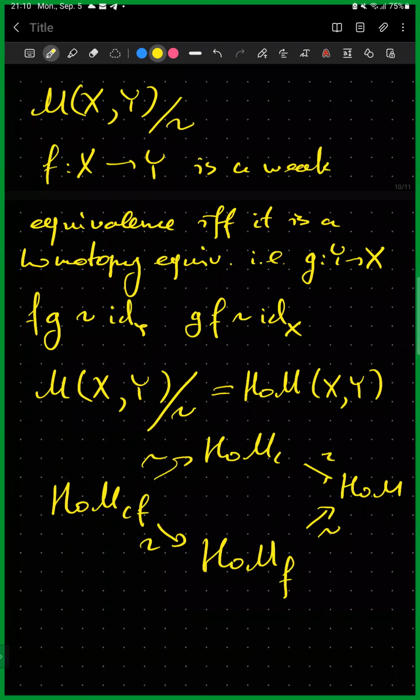So this is one useful feature of model categories: we can explicitly compute localization just by factoring out by some equivalence relation. Okay.